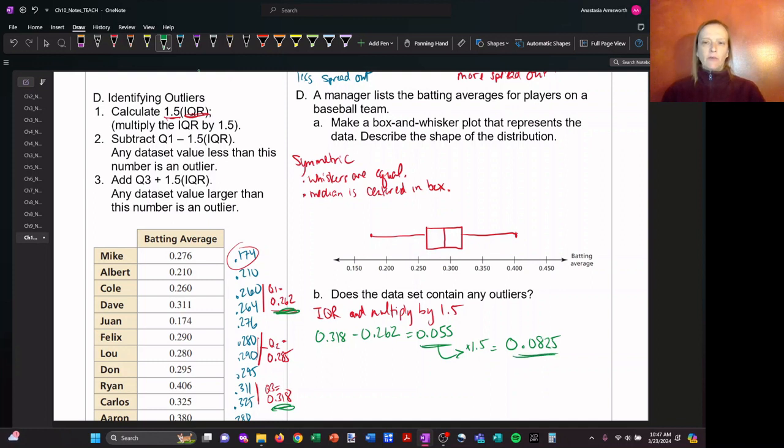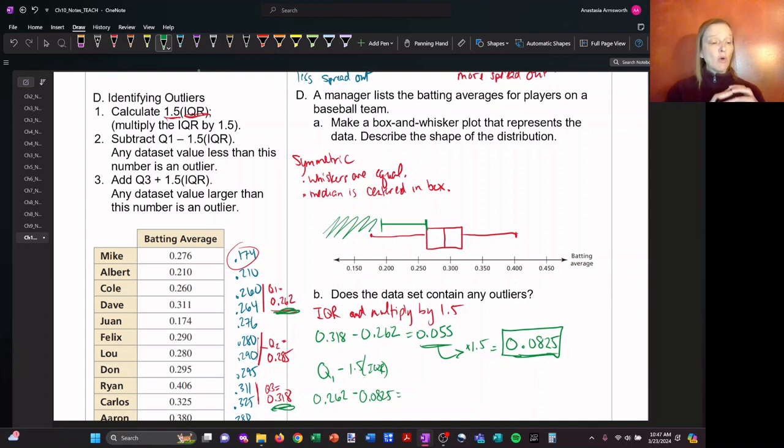We're going to take this value and subtract it from Q1. And then any values that extend further to the left than that cutoff value, we're going to call an outlier. So we're going to do Q1 minus this 1.5 times the interquartile range that we just figured out. So we're going to do 0.262 minus this number that we just calculated, the 0.0825.